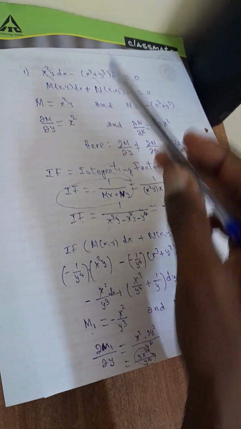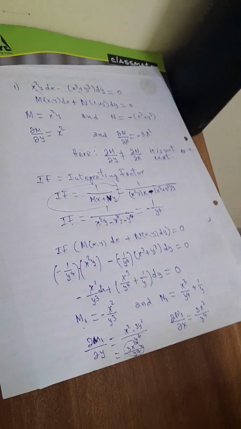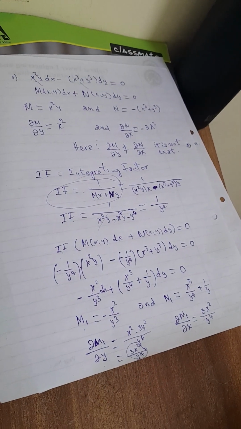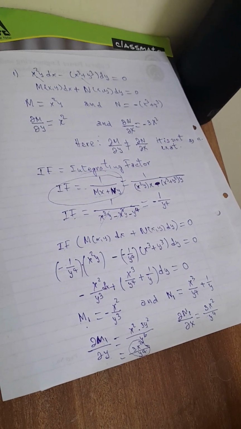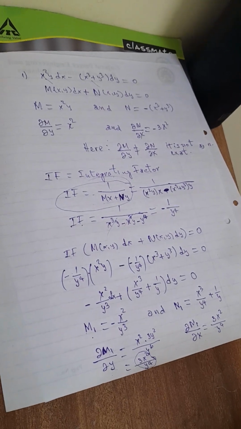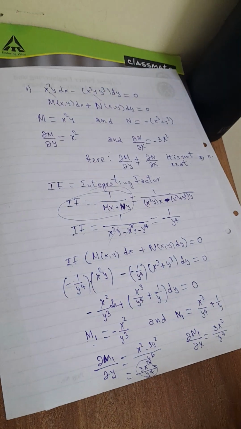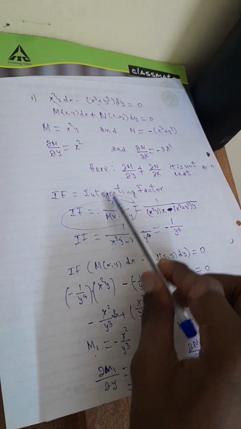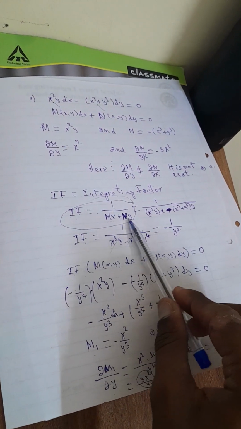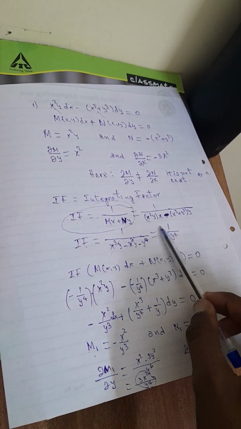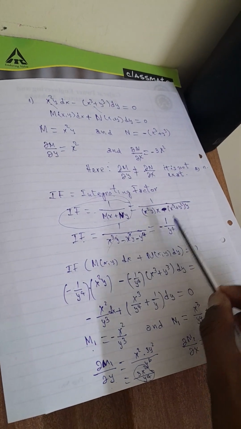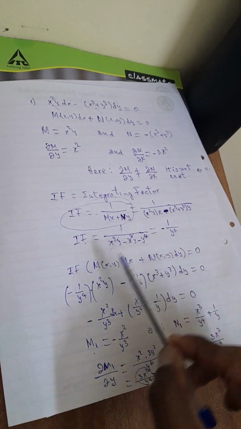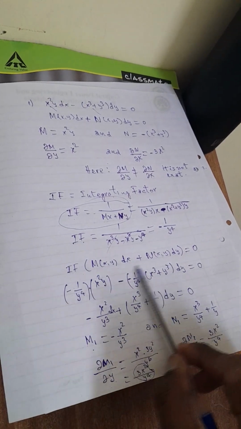So first check whether this is exact or not exact. If it is not exact, now check whether the function is homogeneous or not, and we checked and saw that this is homogeneous. So if it is homogeneous, just find the IF, the integrating factor, which is 1 upon mx plus ny. After finding this, just multiply this IF with the whole equation.